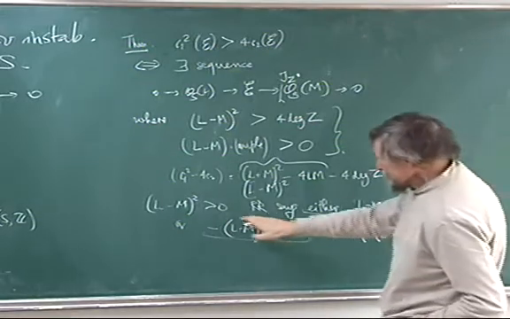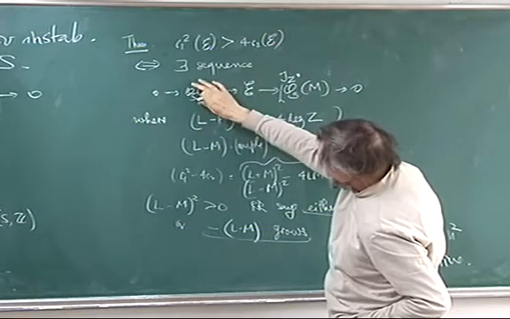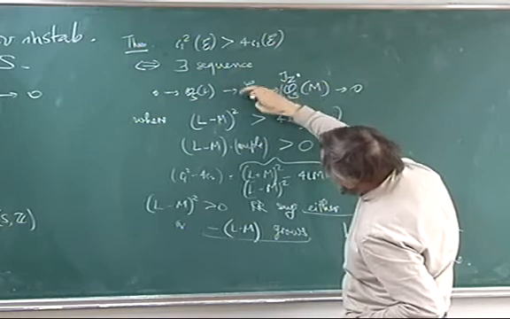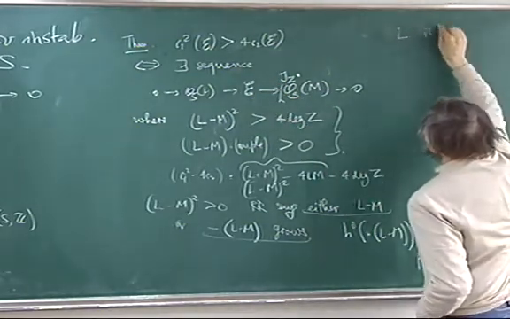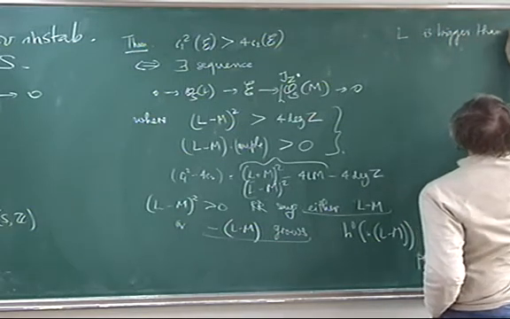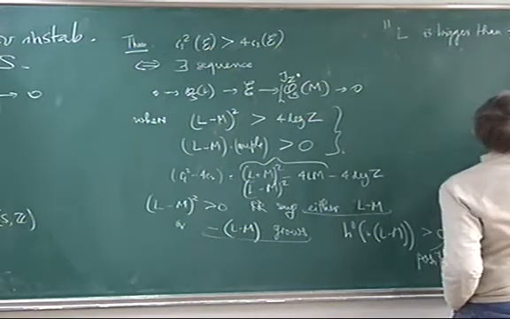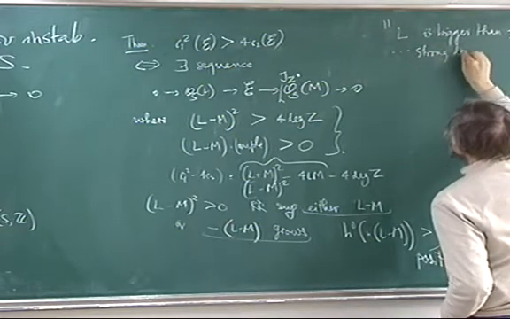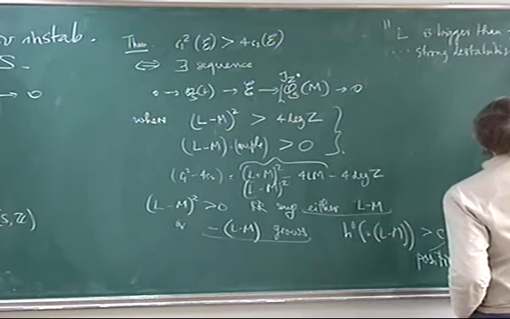The point is that if I have this, then I have a destabilizing bundle: a bundle which is much bigger than 1/2 of E. So L is bigger than 1/2 of E, and this is a strong destabilizing condition.